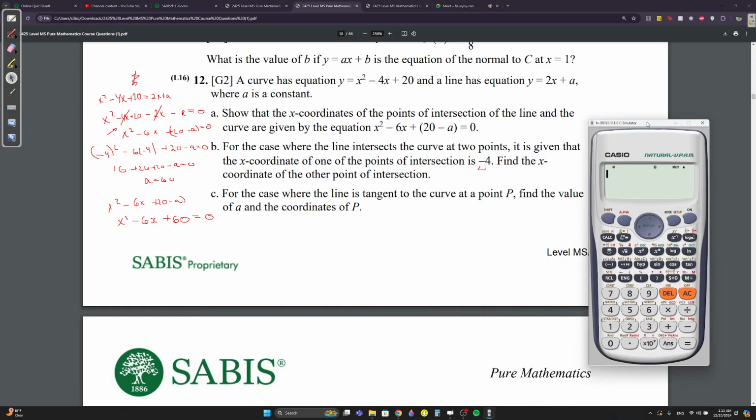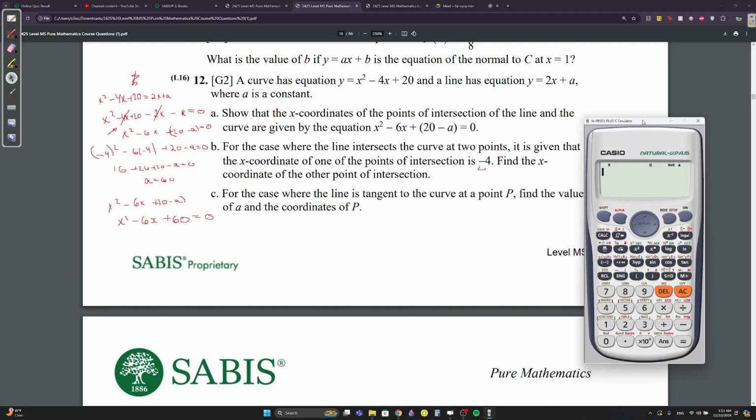So I think I got the sign wrong, no? Yeah, I got the sign wrong. Shoot. This isn't 120 already. This is 20. Okay. So x squared minus 6x, 20 minus a, which is 60. 20 minus 60 is minus 40.